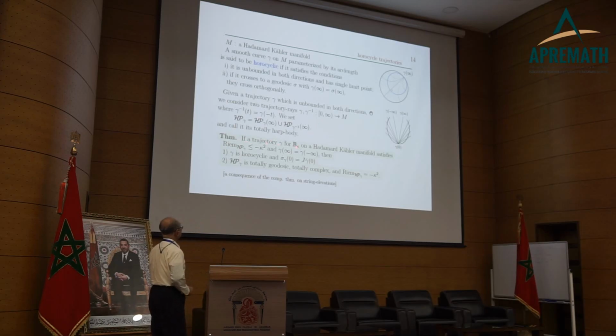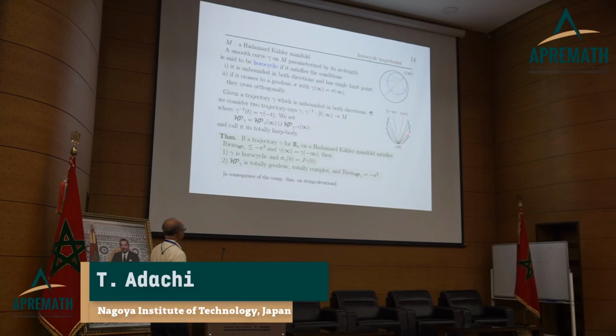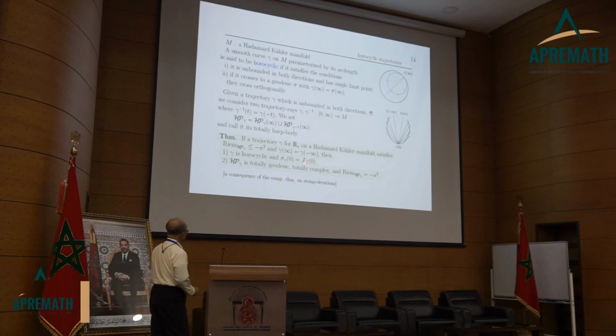If a trajectory for a Kähler magnetic field on a Hadamard Kähler manifold satisfies that the sectional curvature tangent to the total half body is not greater than minus kappa square, and we have a single limit point, then this trajectory is horocyclic, and the initial vector of the limit string is the J-term velocity vector.